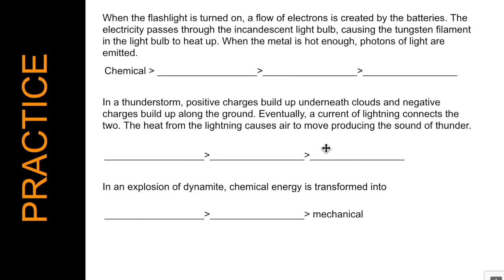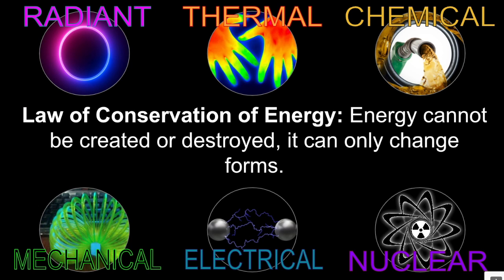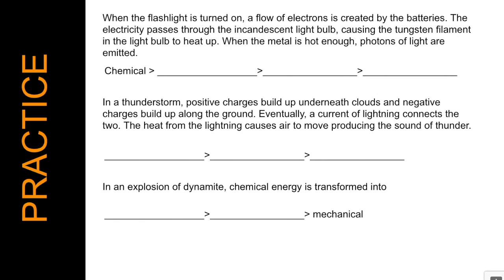You could say sound energy, but if we look back at our list, we didn't have sound energy, but it says it's the movement of air, so it is mechanical. And if you did talk about waves in your physical science class, mechanical waves are the motion of particles, so sound waves are mechanical waves. So we went from electrical to thermal to mechanical.